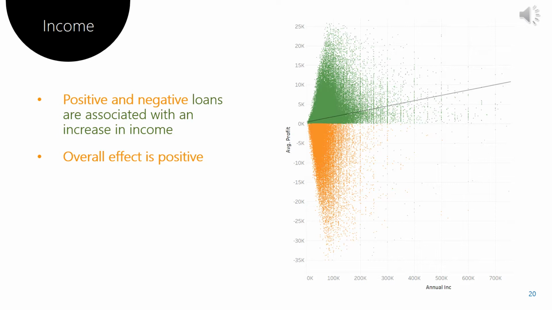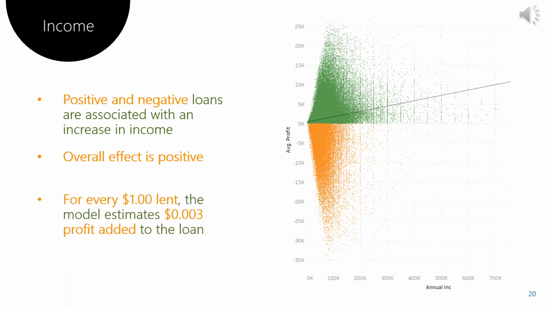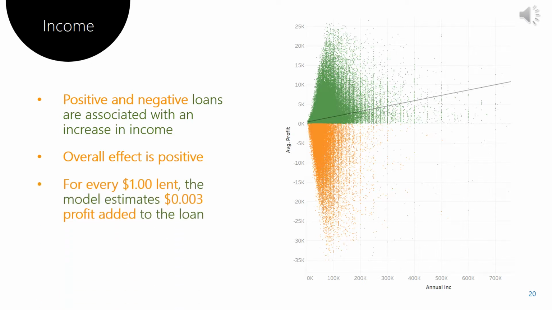What we will see, however, is that our trend line seems to be more extreme than what our model estimates. Our model's estimating that for every dollar lent, less than a penny, 0.003 worth of profit is added to the loan. The trend line appears to be somewhere around double that.